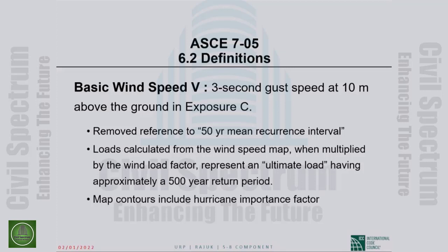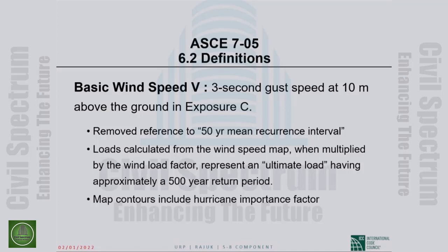So instead of saying a 50-year return period wind speed, ASCE 7-05 chose to tell you that the factored load that we are designing for had a 500-year return period. This is a nuance, another way of looking at it, but this is what they chose to do.